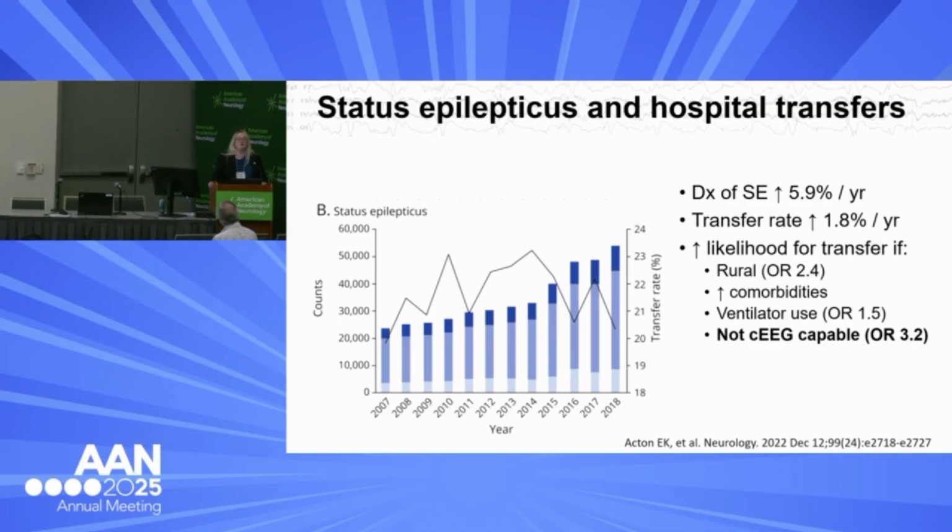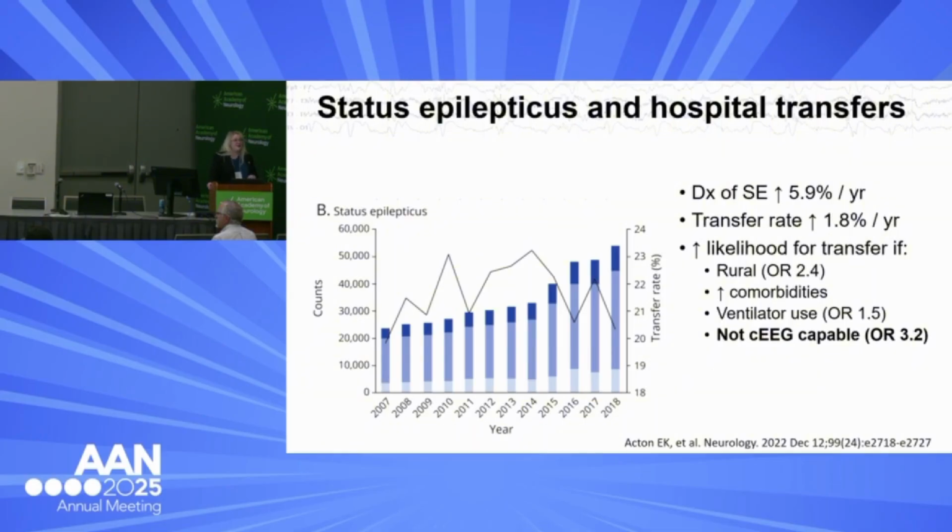Some of that is probably due to the fact that we're now recognizing more cases of status epilepticus that were previously non-convulsive and had no physical manifestations because of the more widespread use of EEG. As a consequence of this more widespread use of continuous EEG and more widespread diagnosis of status epilepticus, we're now also seeing a higher transfer rate of patients related to the diagnosis of status epilepticus.